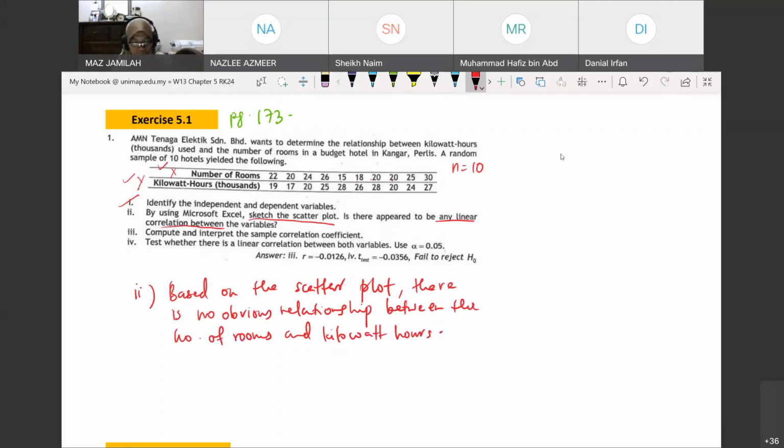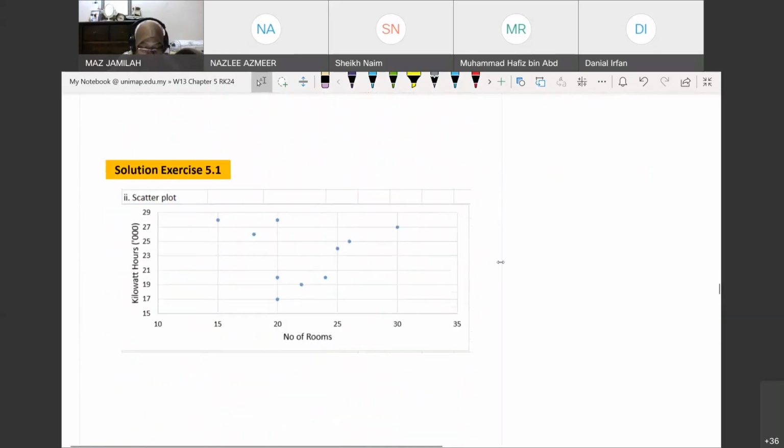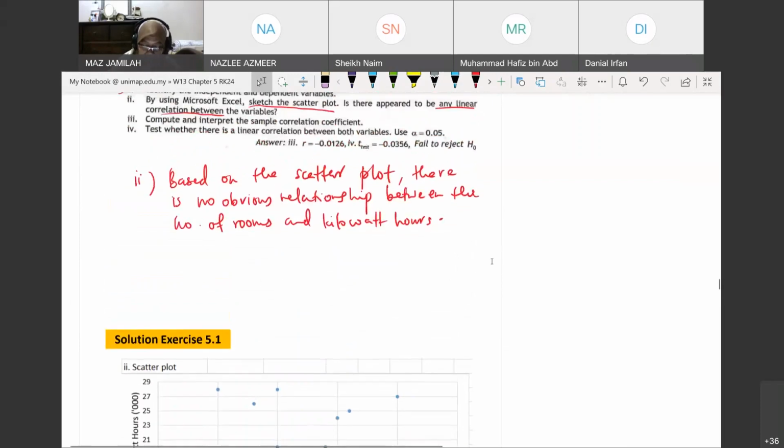If you want to say there is a weak negative relationship, that can also work. But since the scatter plot does not really tell the direction of the line, I think the best answer would be this one.